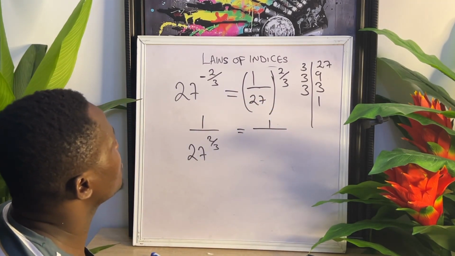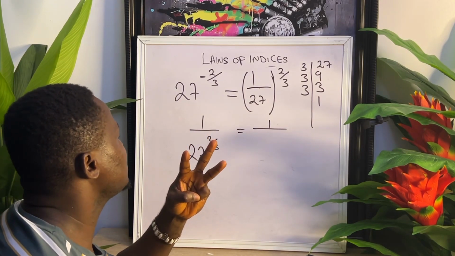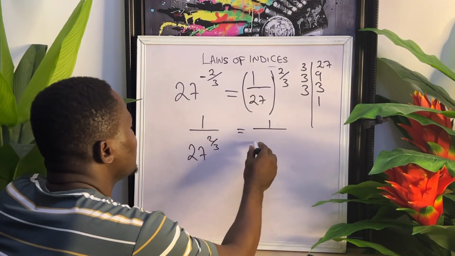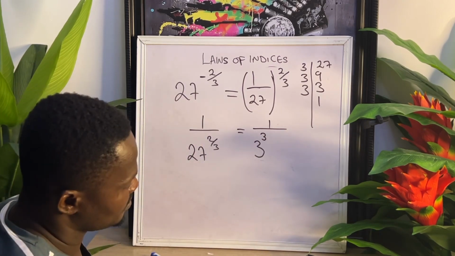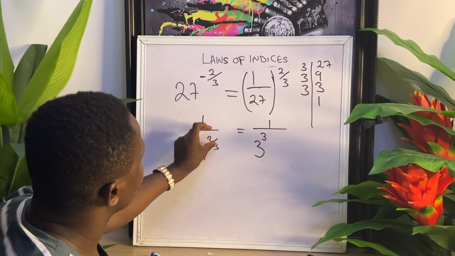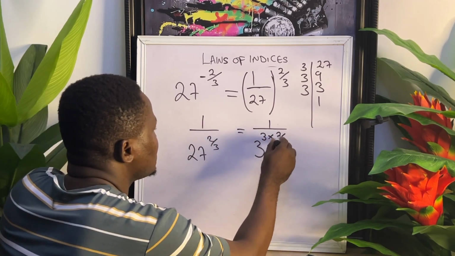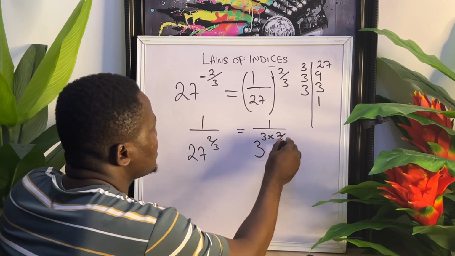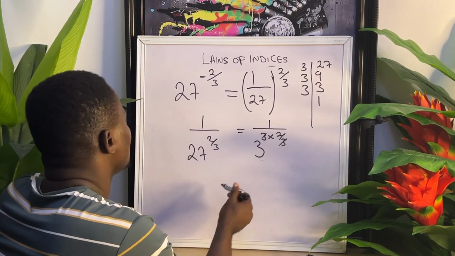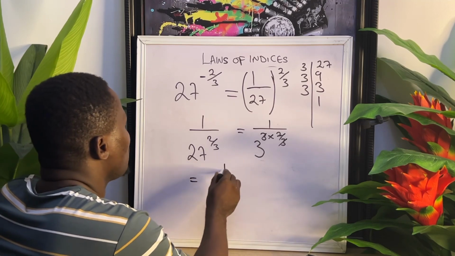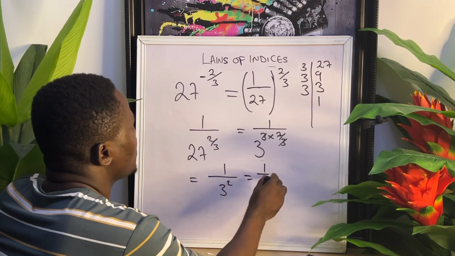Then 3 has gone how many times? 3 times. And that can be written as 3 raised to power 3. Remember, this power 2 all over 3 will still come here to multiply this new power, which is 3. And this 3 cancels 3. Our leftover here is 3 raised to power 2. And that is 1 all over 3 raised to power 2, which gives us 1 all over 9.